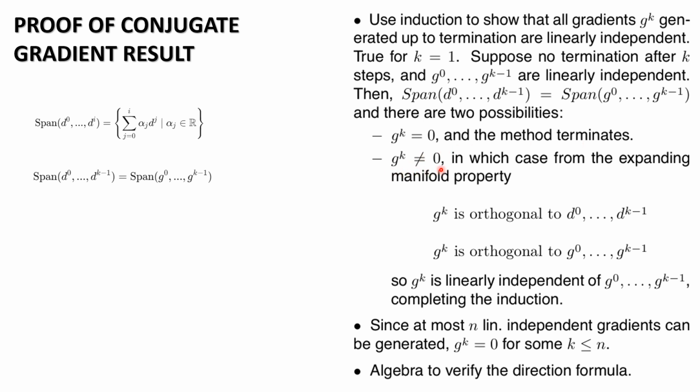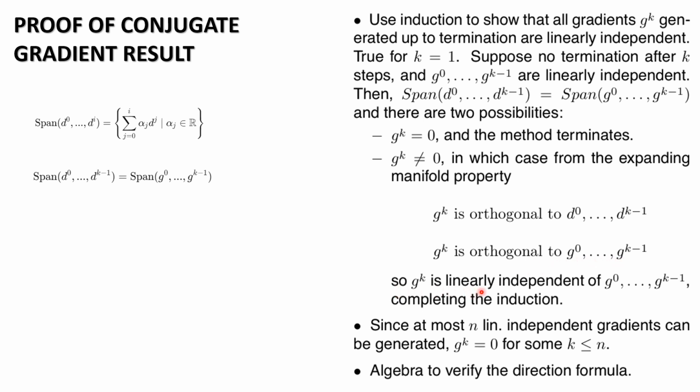In case 2, in which the gradient is not equal to 0, we continue the iteration, and gk is non-zero. By the expanding subspace property, the new gradient gk is orthogonal to all previous search directions, d0 and so on to dk minus 1, and additionally, due to the conjugacy property, gk is also orthogonal to all previous gradients, g0 and so on to gk minus 1.